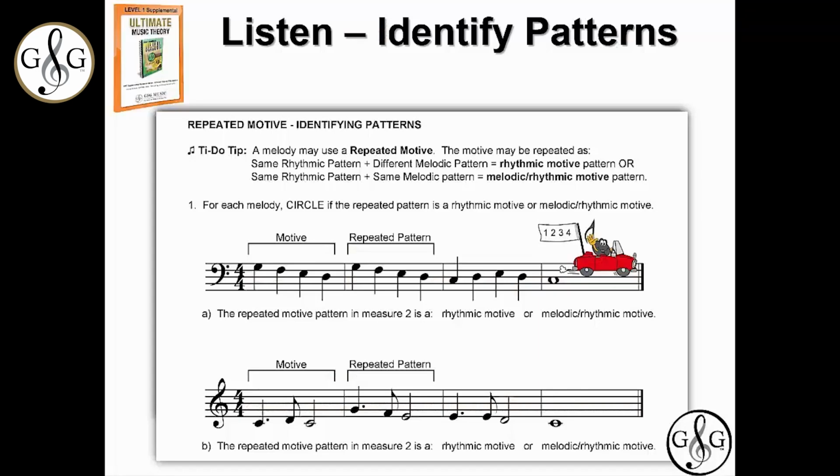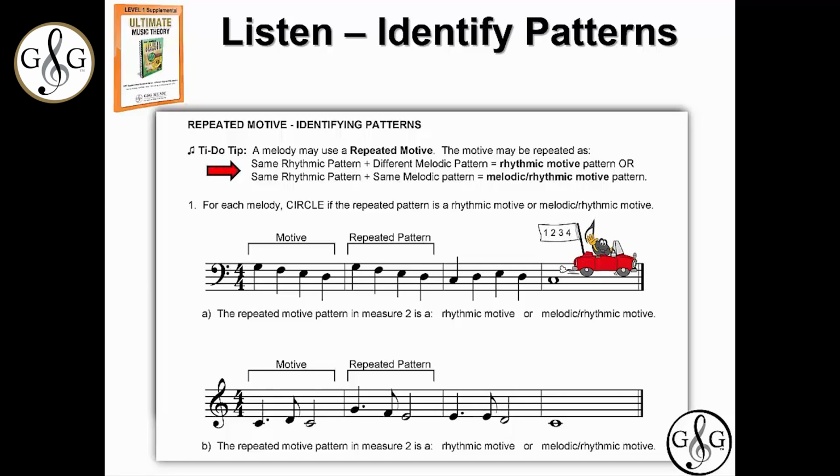Beautiful. Once we learn our motive patterns, it's time to listen and identify patterns. So now we're on page 29 of the Level 1 Supplemental Workbook. The Tito tip indicates a melody may use a repeated motive.